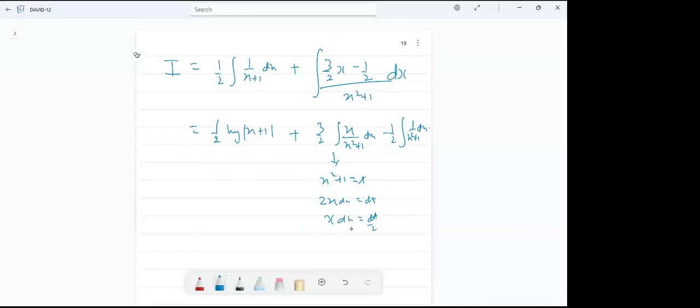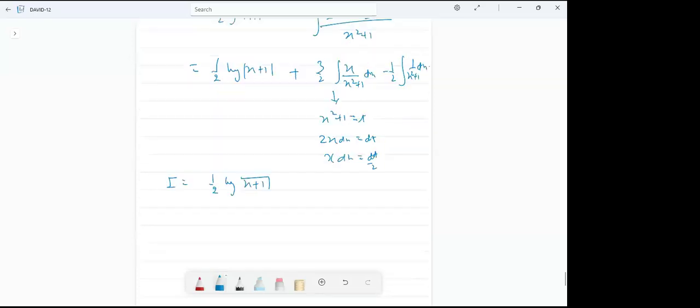This is a little bit difficult, a lengthy sum of differential equation, because you have to do lots of work in integration. So half log x plus 1 plus 3 over 2 and 1 over 2 dt by 2, dt by t, that will become log of x square plus 1.